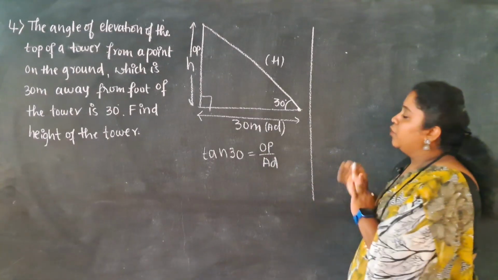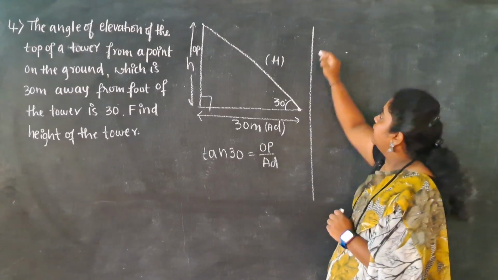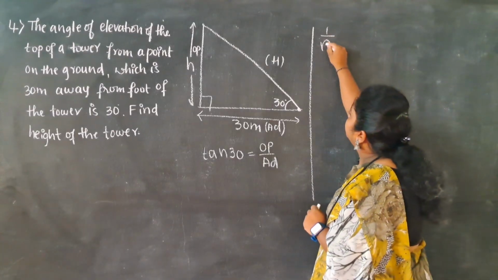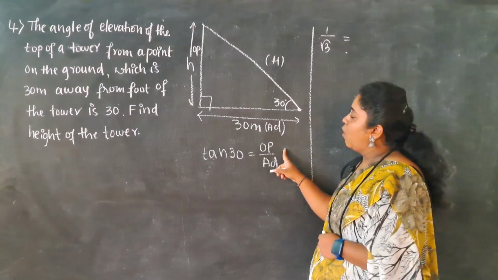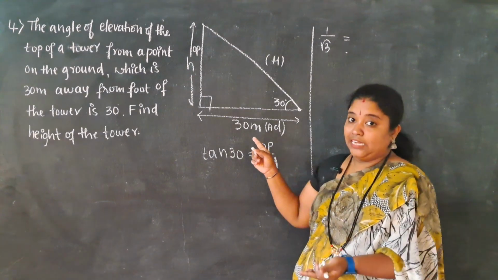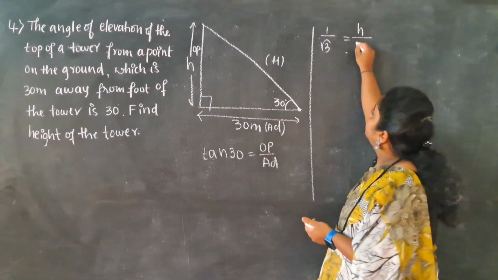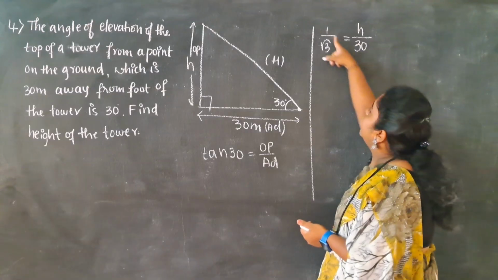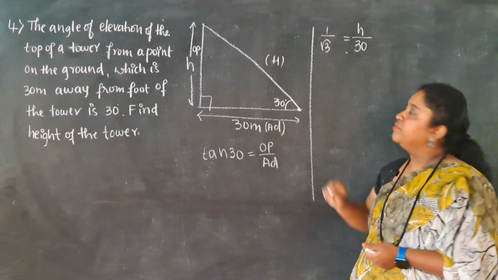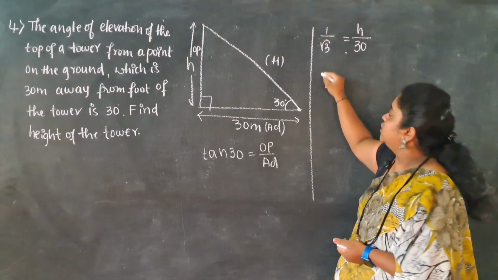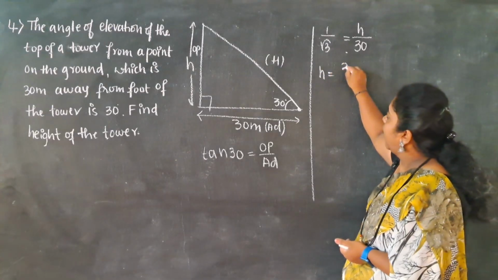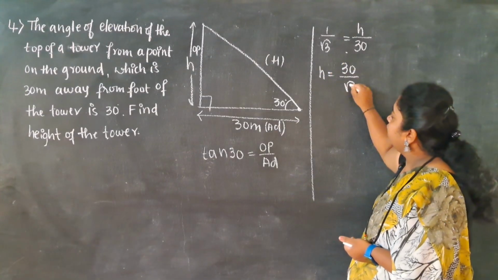Now I write the value. Tan 30 is nothing but 1 by root 3. What is the opposite value I have? I need to calculate it. I'll be writing h for opposite. And adjacent is 30. Let me bring 30 to the other side. Division turns to multiplication. So h is equal to 30 divided by root 3.